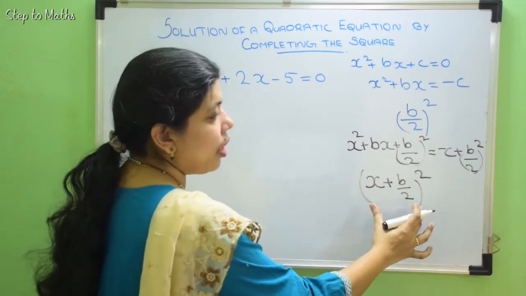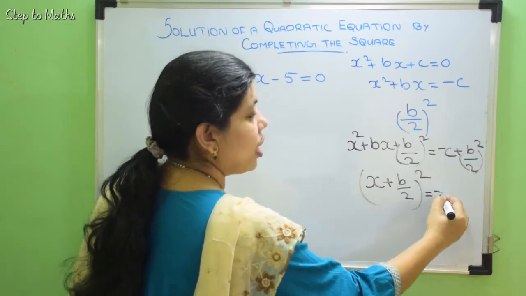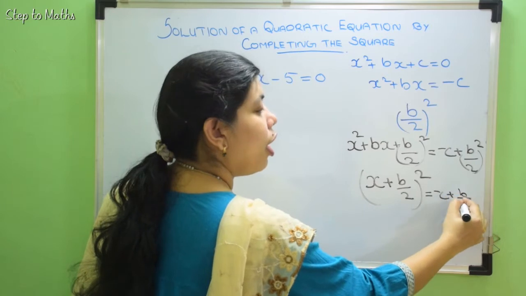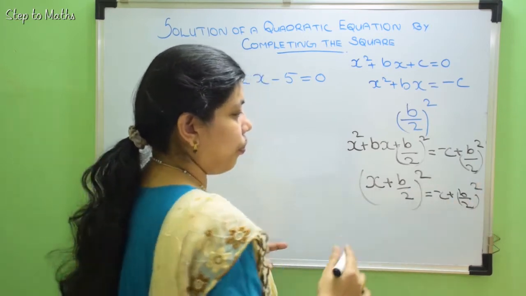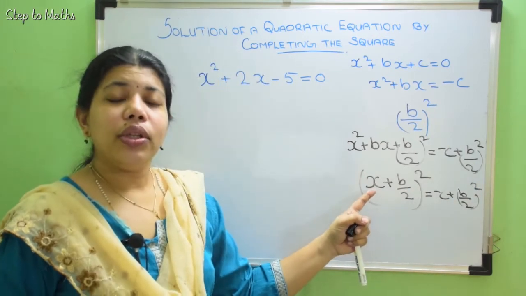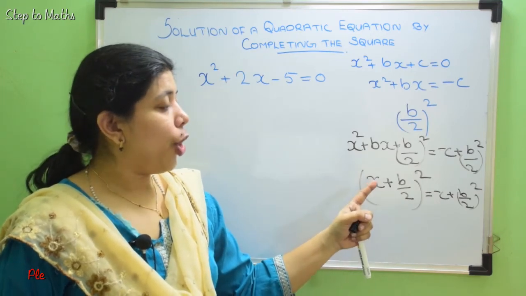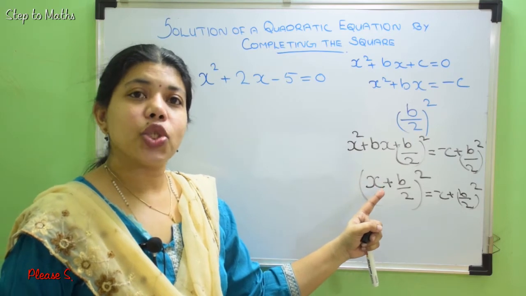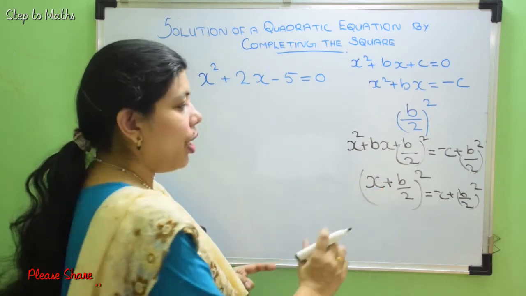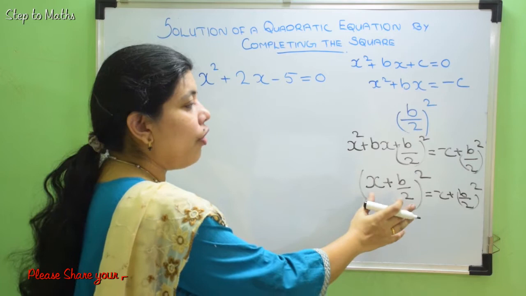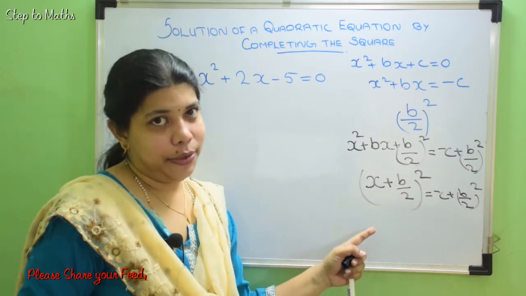The right side is the same, minus c plus b by 2 square. Now the left side is in the form of a perfect square, then we can find its root easily.